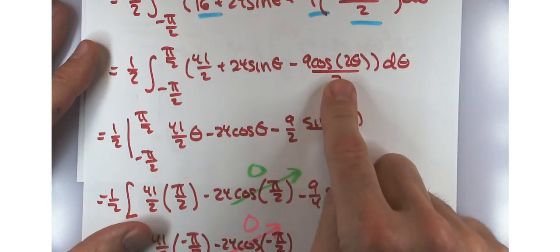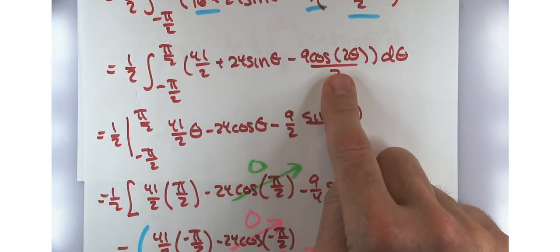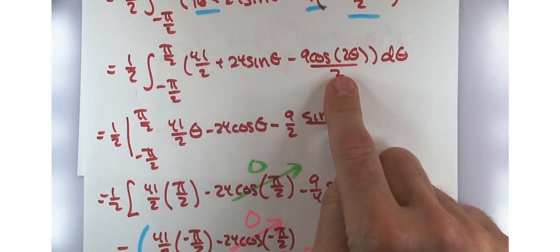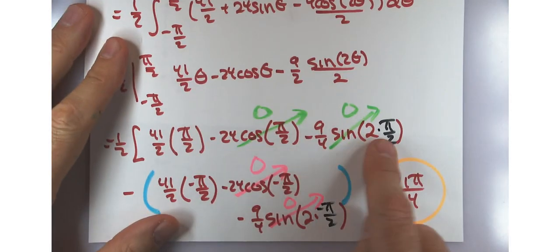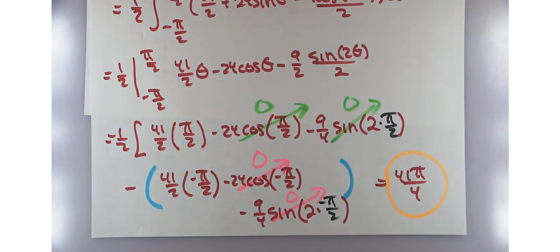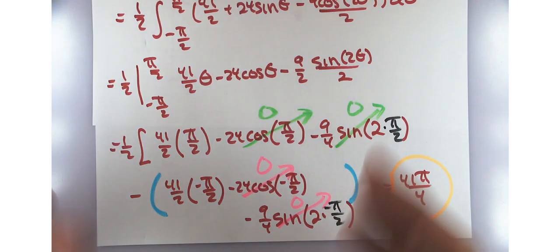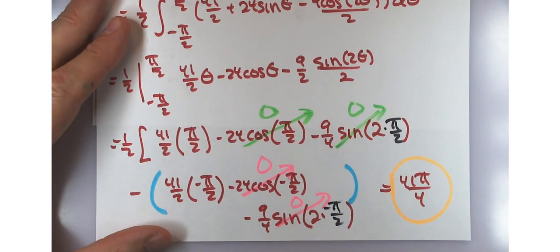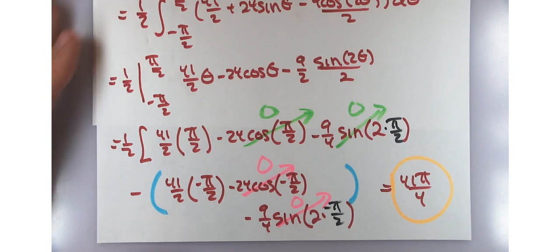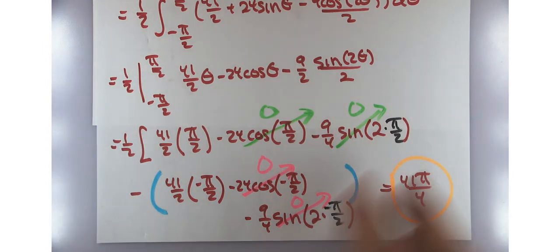And this one, that's an even function. Maybe we could have done something there to help us out. But in the end, it wasn't too bad because all they turned into was 0. So keep in mind, most of what I'm interested in is you getting this set up right. That's a big part of this. So, good question.